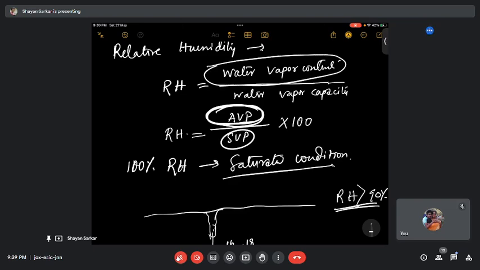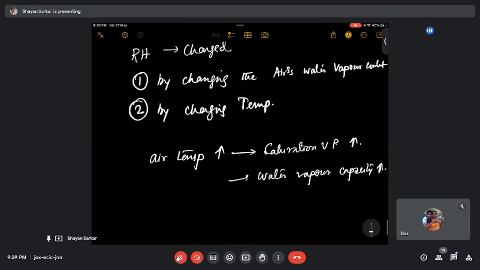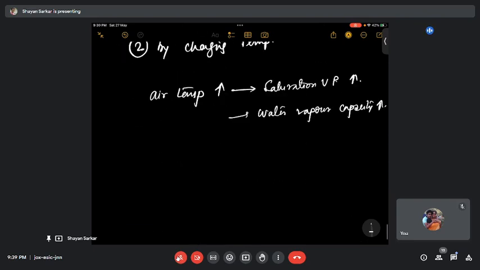We are just increasing or decreasing the temperature. So as we increase the temperature, SVP will increase. Yes or no? And we know RH is inversely proportional to SVP.